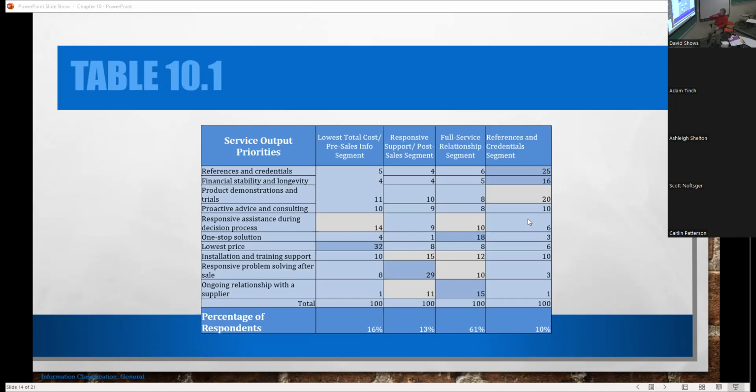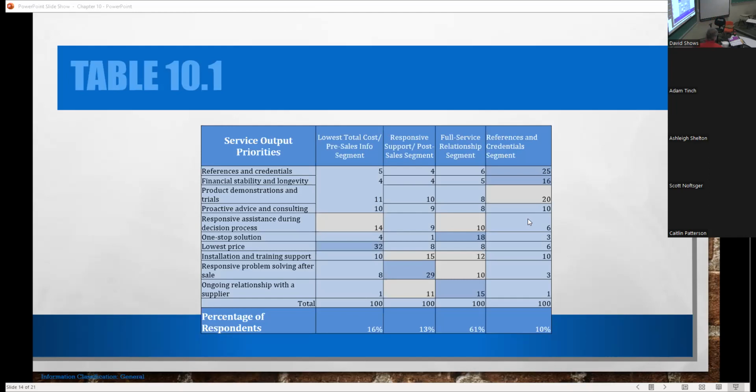So the next one: the most important is responsive problem solving after a sale, and installation, training, and support, and an ongoing relationship. Those are the three things that are most important to it. This adds up to me.